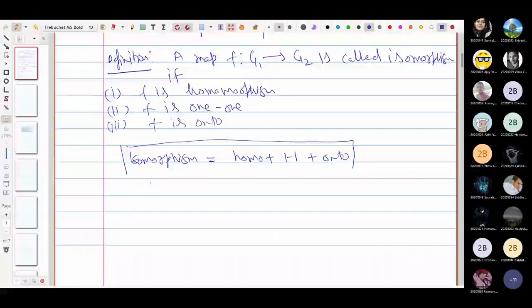First, an isomorphism should be a homomorphism, and after that we can verify whether it is 1-1 or onto. Verification of 1-1 and onto is just the usual process we have done in real analysis.